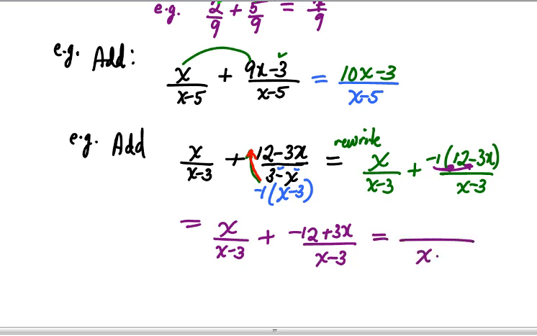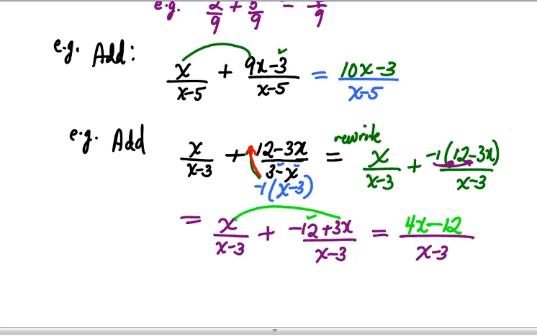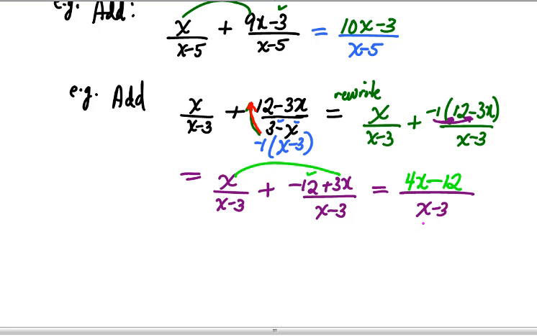We now have an addition of fractions with the same denominator, so I'm going to work it across horizontally. I put the same denominator here. Now I can just add the numerators. x plus 3x is 4x, and then I have minus 12. At this point, I realize I've got the answer, but I try to reduce.